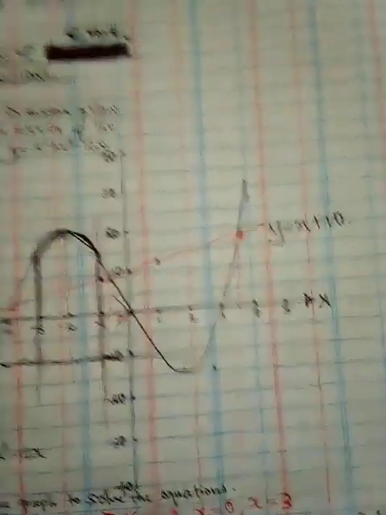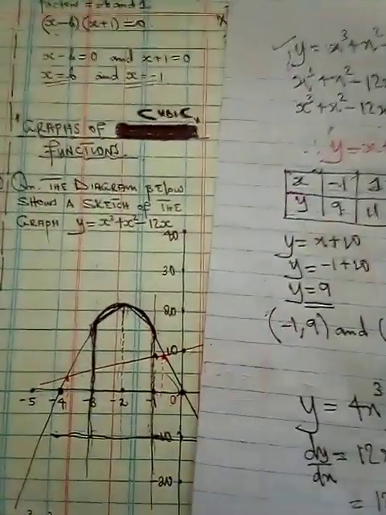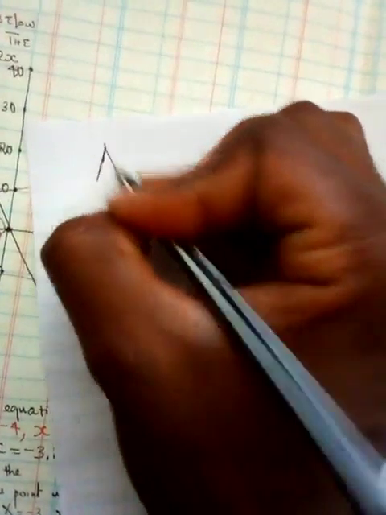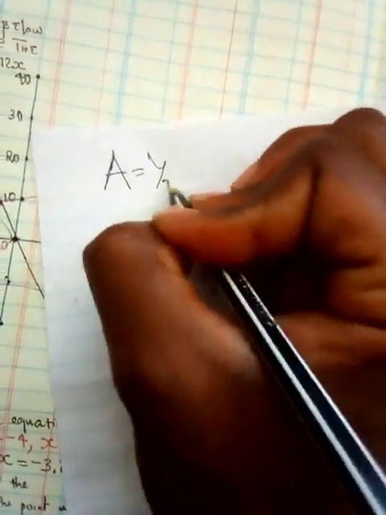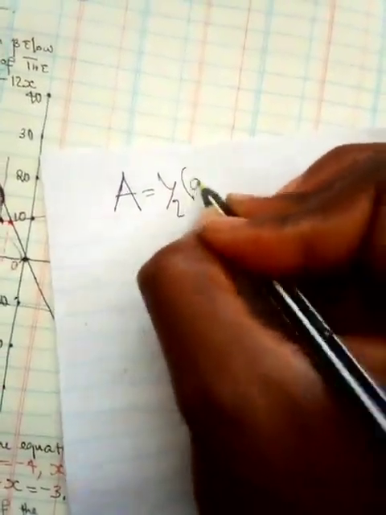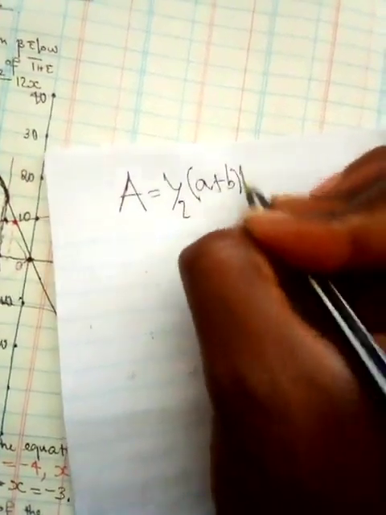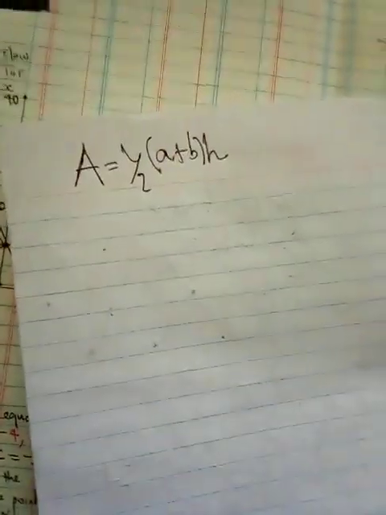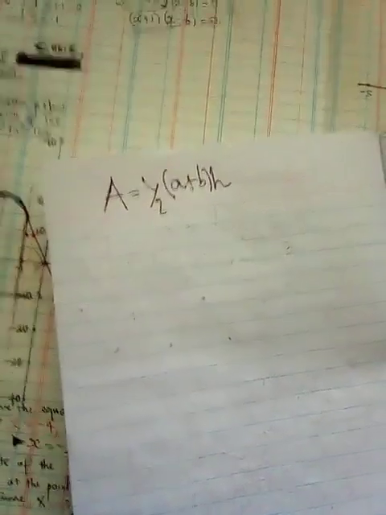Now, anytime you're determining the area of a trapezium, the area formula of a trapezium is always given by A is equal to half (a plus b)h.